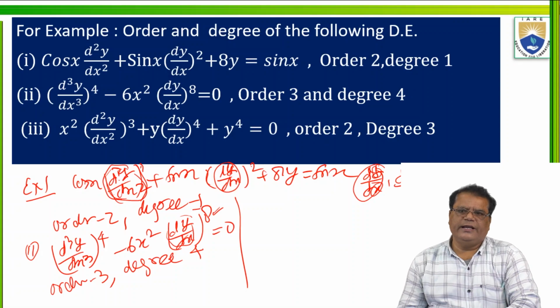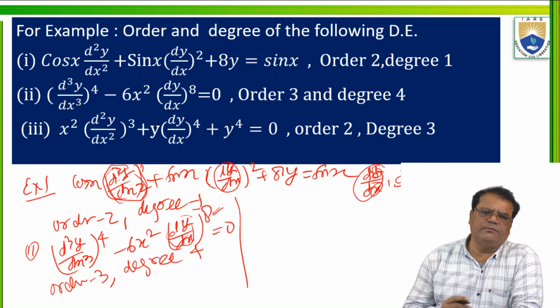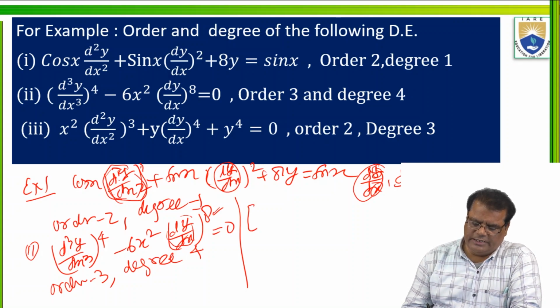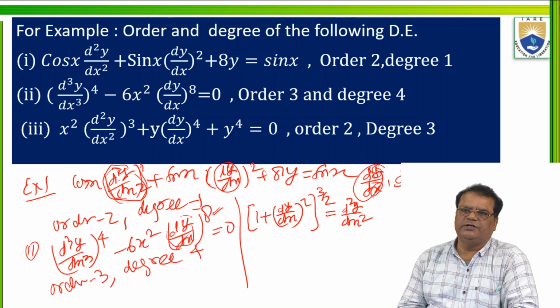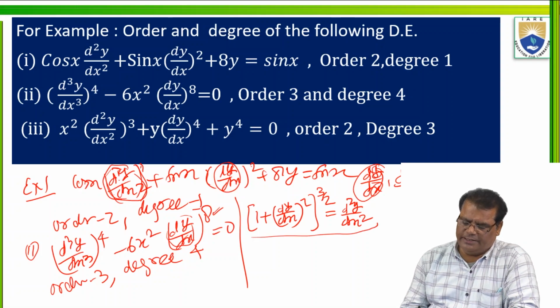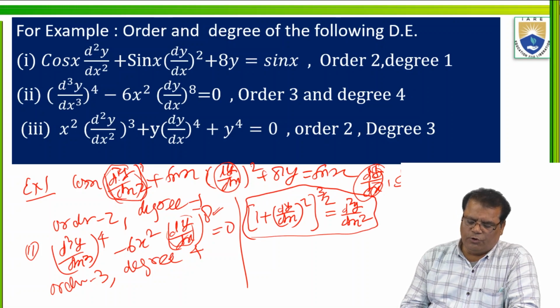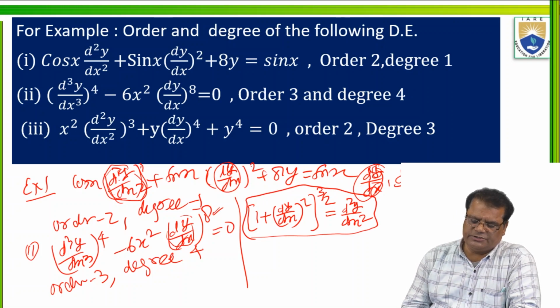Now I am giving one example in which rational powers are there. Suppose 1 plus dy over dx whole square, whole to the power 3 by 2, equal to d2y over dx2. What is the order and degree of this differential equation? Here the whole power is 3 by 2.